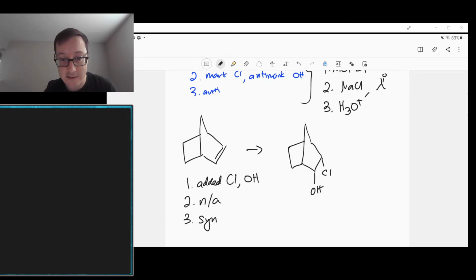So this tells us that multiple reactions have taken place. We've not done one thing to this molecule, we have done multiple things. So we have to think, how might we get this to happen? Well, we do know how to make the anti version of this.